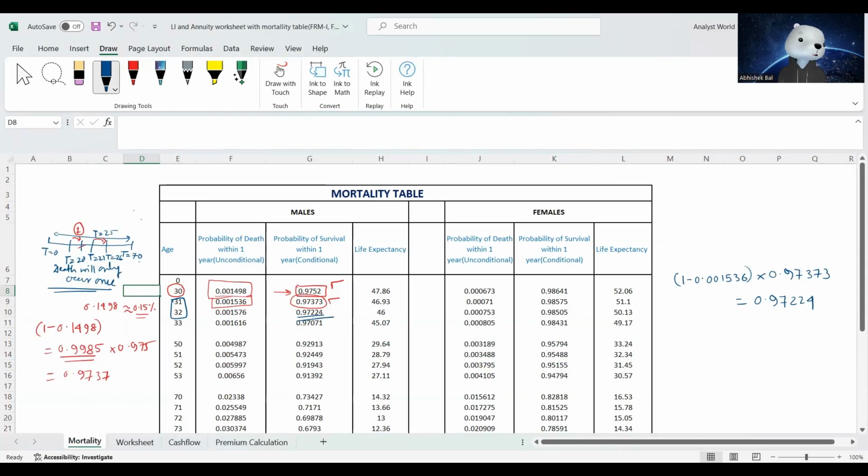Let's say we are talking about a person who is 70 years old, right? And this person wants to insure himself against his life for the next 3 years. So that means he is going to take this policy on his 70th birthday. I'm just making it a little bit more relatable.